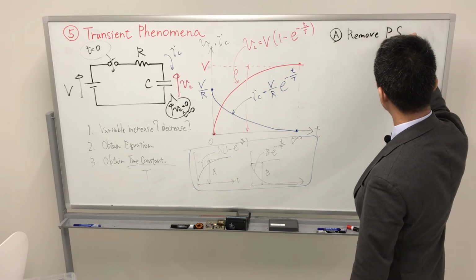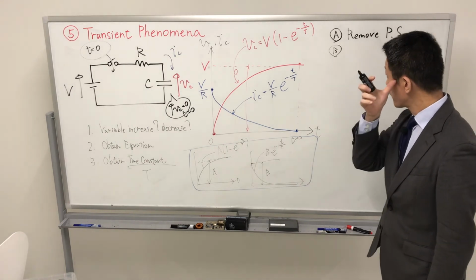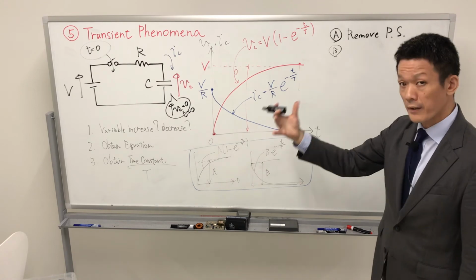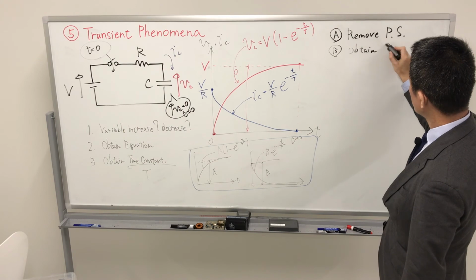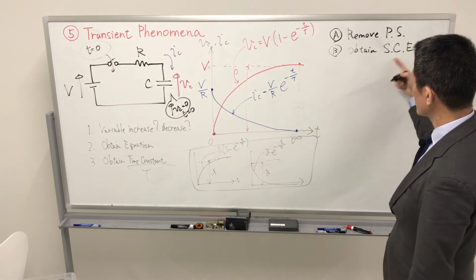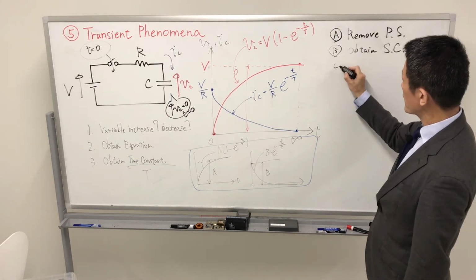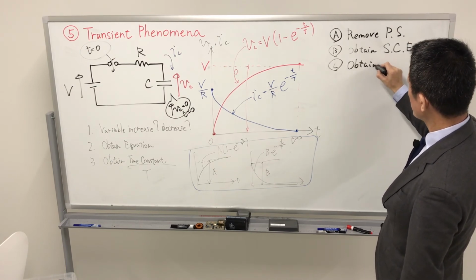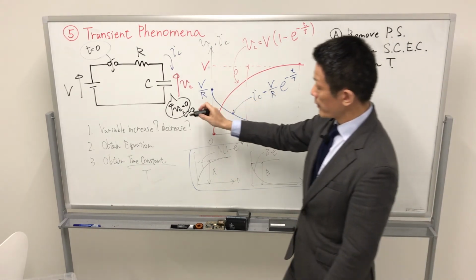Step B, the series connection: obtain the series connection equivalent circuit. And step C, obtain the time constant.